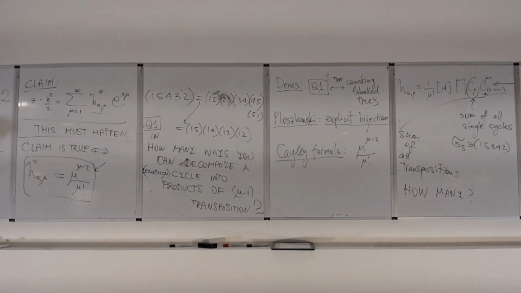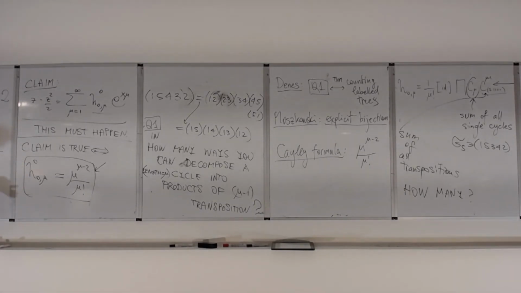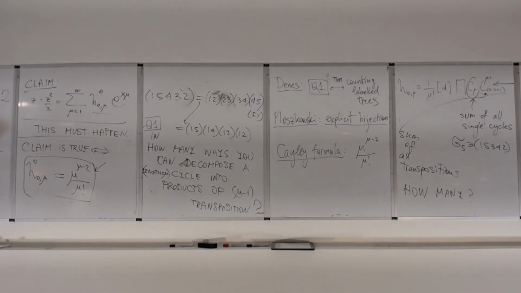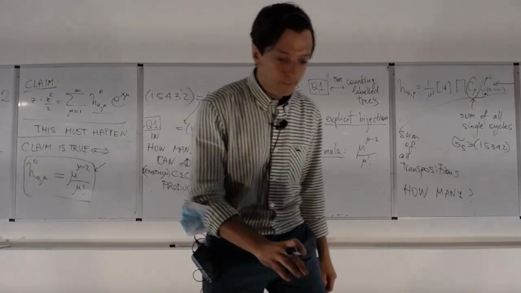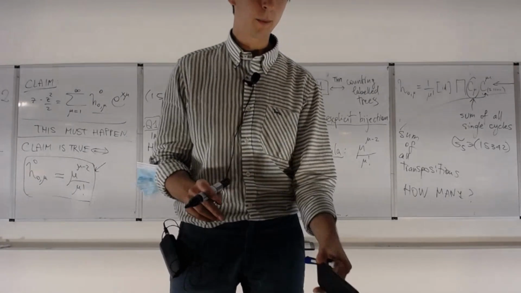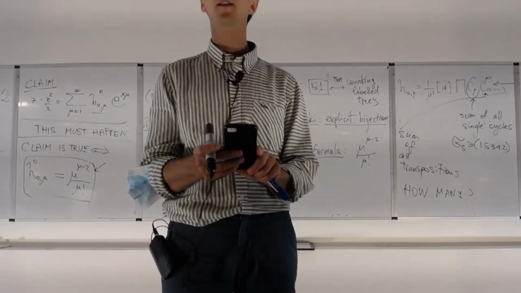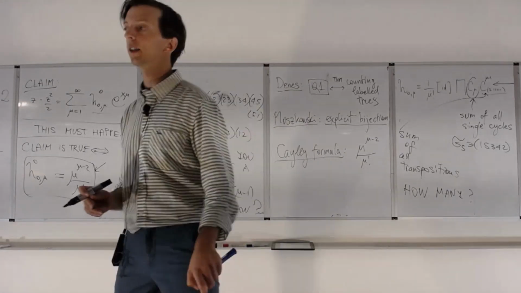That's why people want to compute them recursively, because having closed formulas for them is hard. I wanted to do moduli space of curves, but now we would have to do it in minus 10 minutes, so I don't think it's a good time. So I should stop.